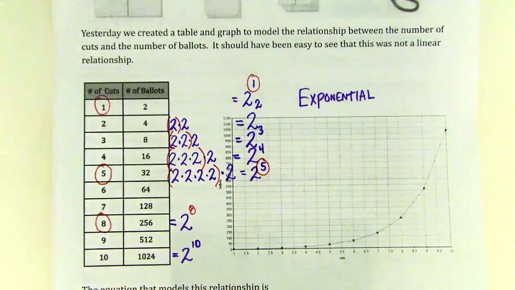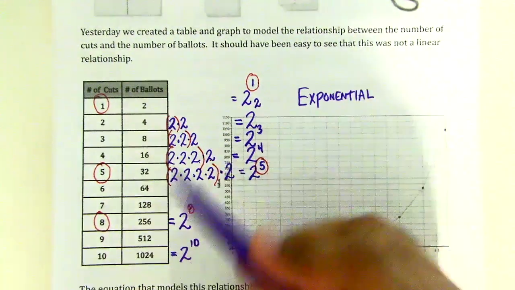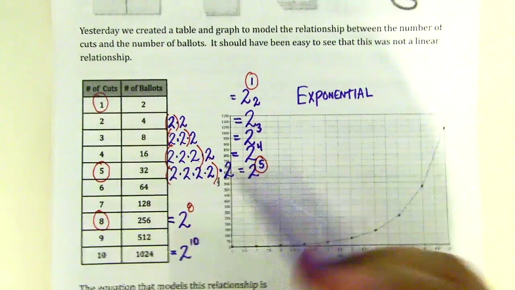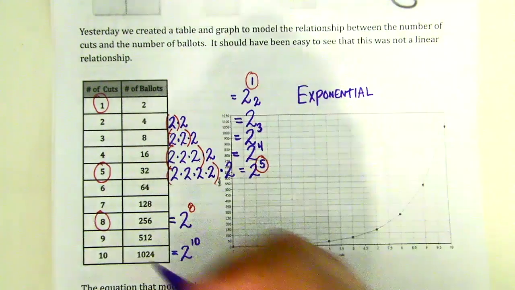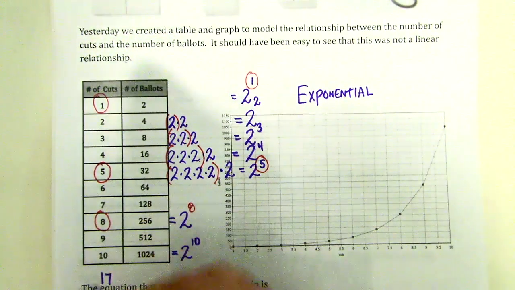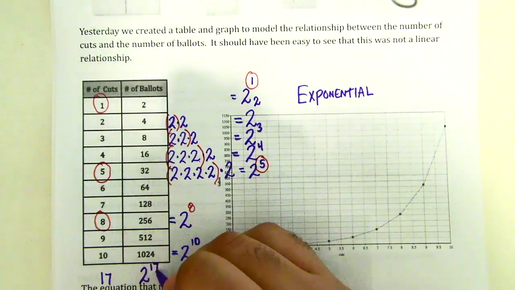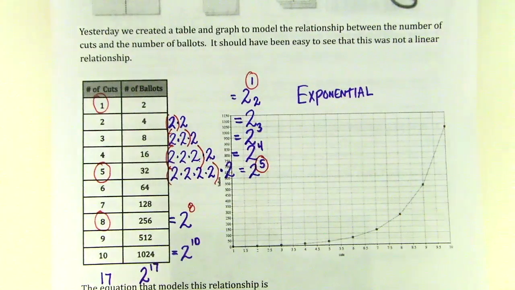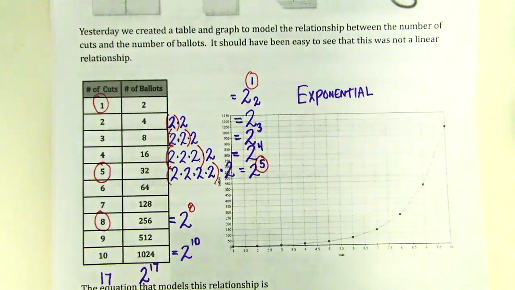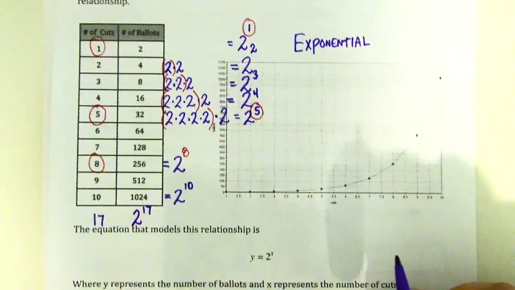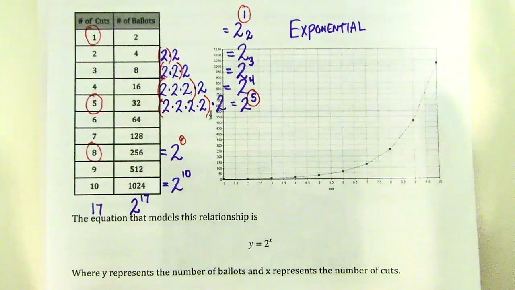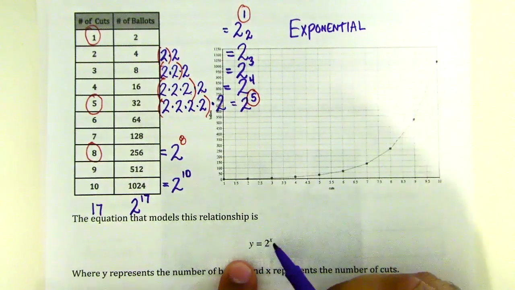So we don't have to keep going in order now that we recognize this pattern here, right? I could say, for example, what if I went down to 17 cuts? That's going to be 2 to the 17th power, right? And because of that pattern, that leads into the equation that represents this here. It's going to be y is equal to 2 to the x.